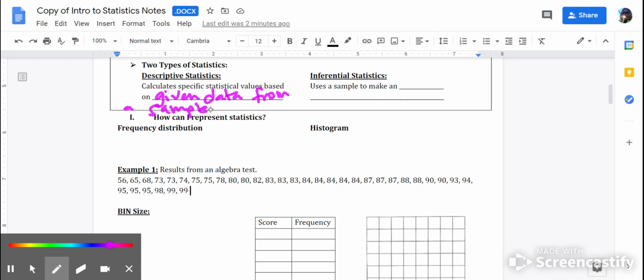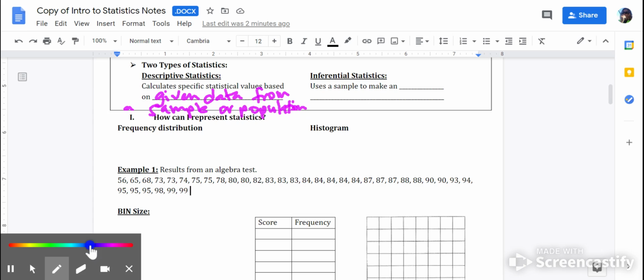After every test, I type every person's test score into a spreadsheet and I analyze the class average for the test, and then I take all of my students that I teach, take their averages and compare all of those. So those would be descriptive statistics because that comes straight from data from the sample, or if I take all of my students, that would be the population.